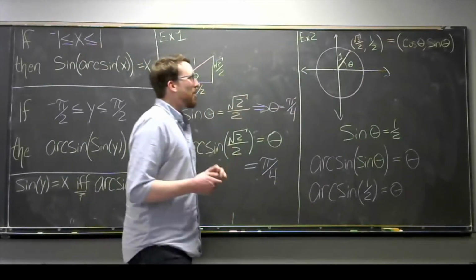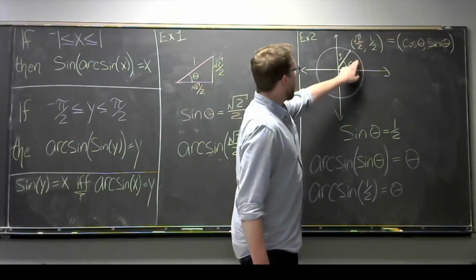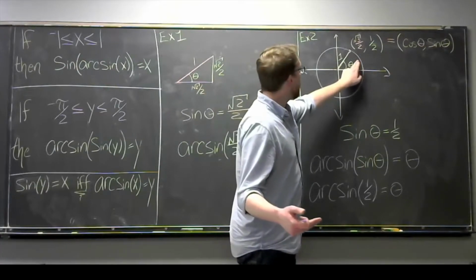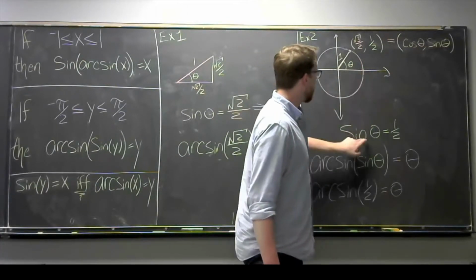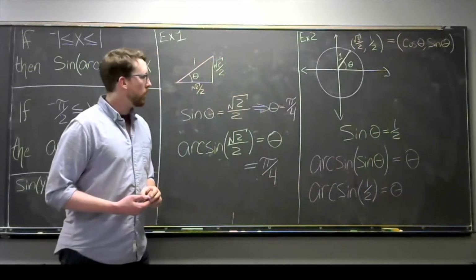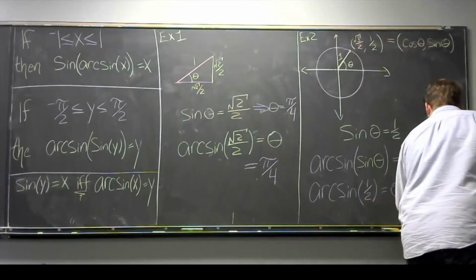If we look at what happens, pi over 6 is the only angle that's going to give us a value of sine equal to 1/2. So it must be the case that this is equal to pi over 6.